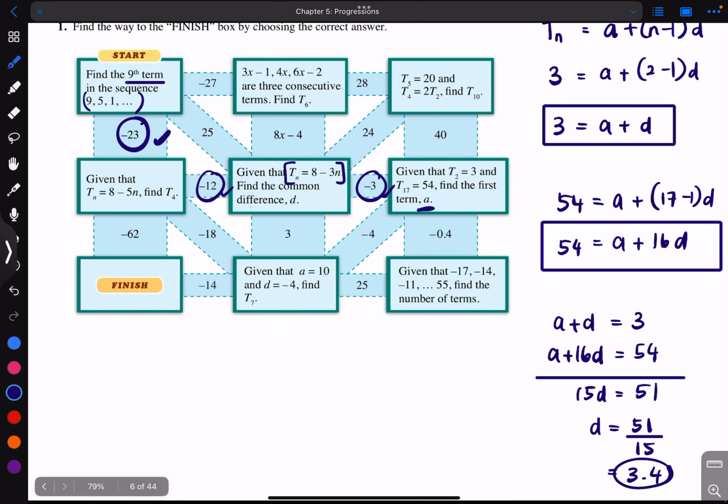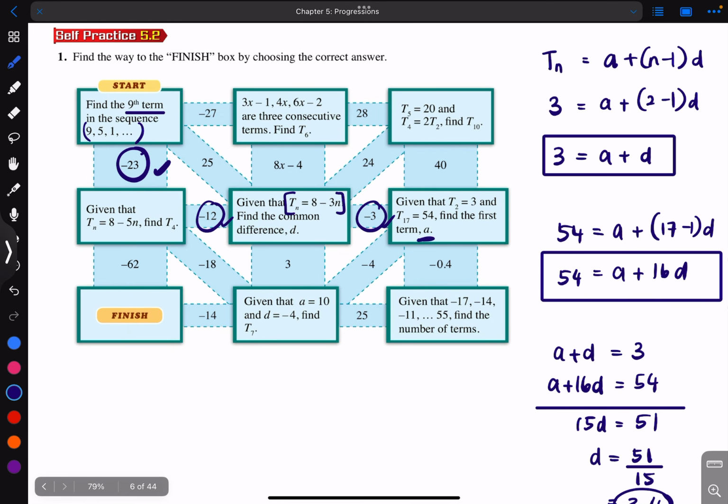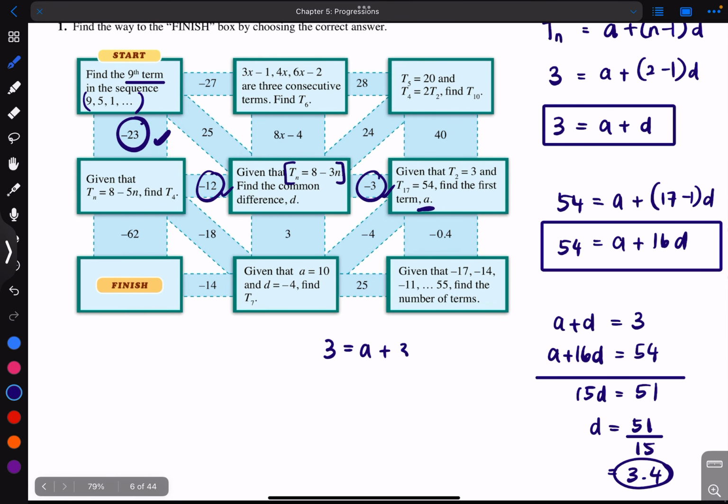So since we know D is this, we can sub it into any of these equations. So you can put it inside here. So you can say 3 equals A plus 3.4. So A will be, when you bring there, 3 minus 3.4, which is negative 0.4.